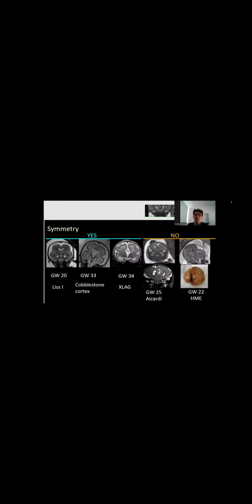And a flat pons that is not really dysplastic but also flat is usually a sign of the presence of a tubulinopathy. What about symmetry? Well, symmetry may be present as in lissencephaly 1, in cobblestone cortex, in X-linked lissencephaly, but it is absent in Aicardi.